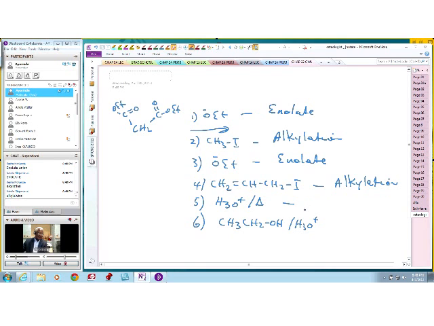Whenever you are not sure, make sure you write it out, so that we know exactly what the product is. But you should be able to tell me what step 5 is. That will be hydrolysis and decarboxylation.